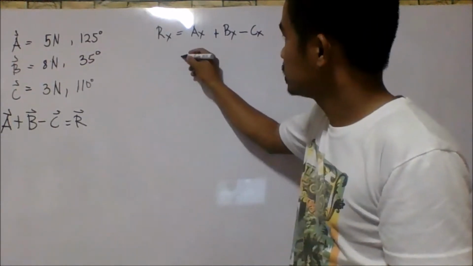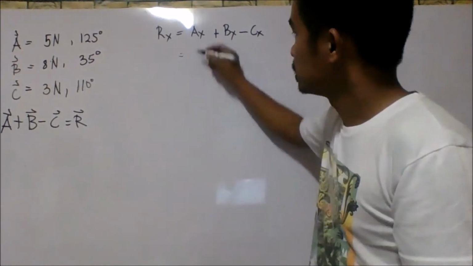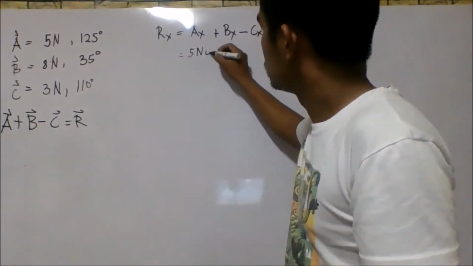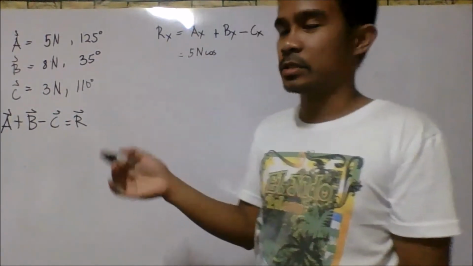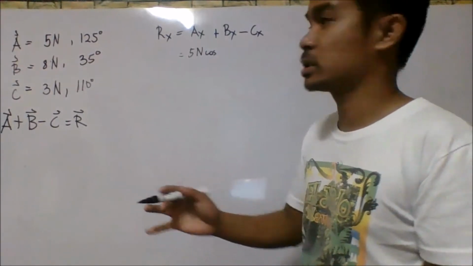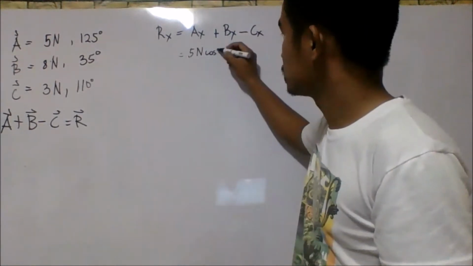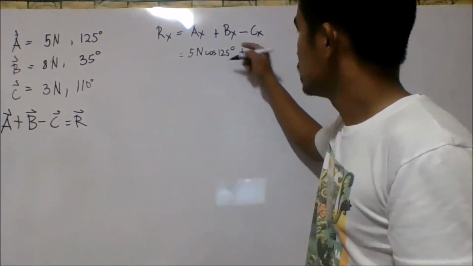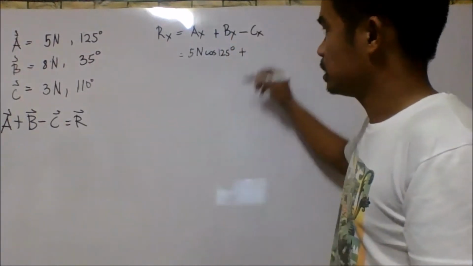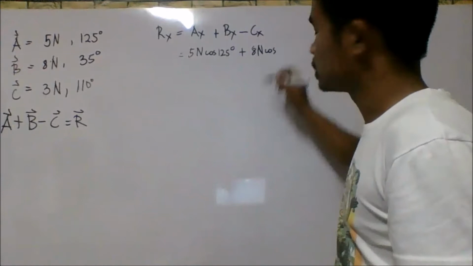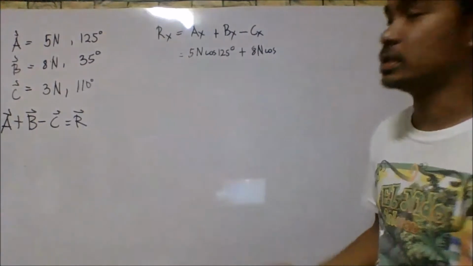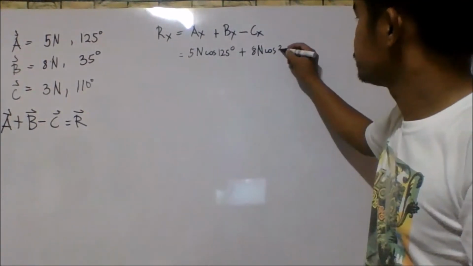All right. So what is this A of x? That is the magnitude of A, which is 5 Newton, cosine of its direction from positive x-axis counterclockwise direction, which is 125 degrees. So that's cosine 125 degrees plus, what is this B of x? That is the magnitude of vector B, which is 8 Newton, cosine of its direction from positive x-axis in counterclockwise direction, which is 35 degrees.